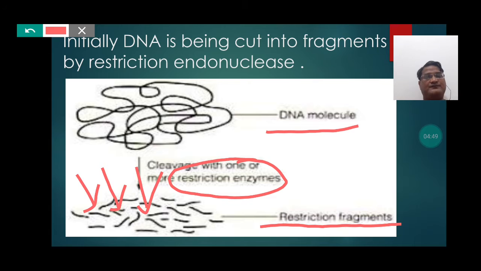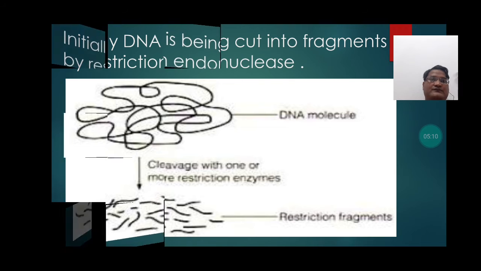So students, these fragments which you can see here, which are the fragments of the DNA, needs to be arranged according to their length, and this is what we call as gel electrophoresis.